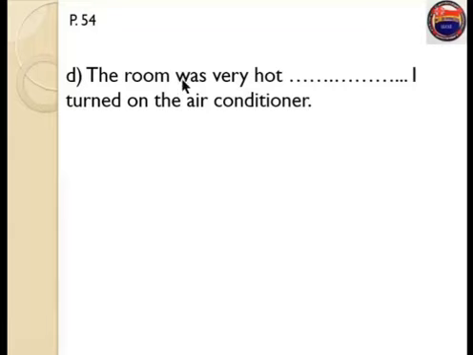We say the room was very hot, so that I turned on the air conditioner. Yes, you are correct. We can use so that, or we can use another word that means the same, like therefore. So we can say the room was very hot, therefore, or so that I turned on the air conditioner. Thank you, Salma. You're correct.